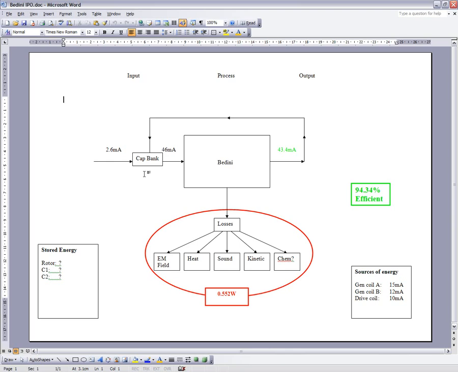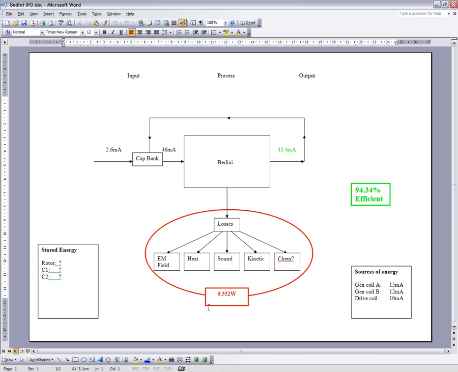So even if it's 0.1%, it's still there as a loss. So what I've done here is include all of the EM field as a loss. As a result, my Bedini is losing 0.552 watts. That's before any recovery system whatsoever.